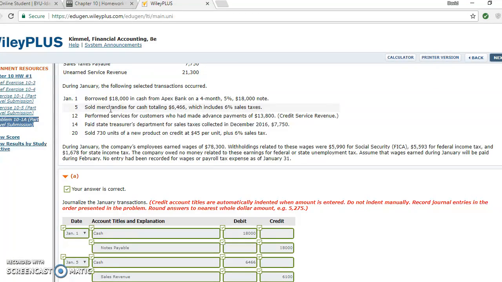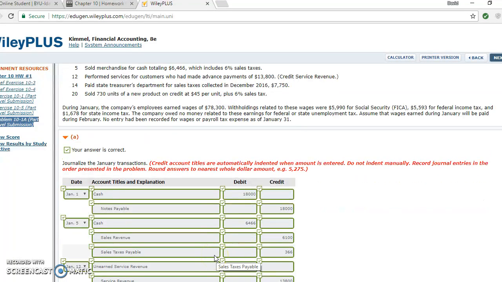Now the January 5th, there was merchandise sold. It was sold for a total of $6,466, which includes the sales tax. And so we have to first debit the cash, which was that total, $6,466, and then to figure out the difference between the sales revenue and the sales tax payable, it is $6,466 divided by 1.06, because the sales tax was 6%.